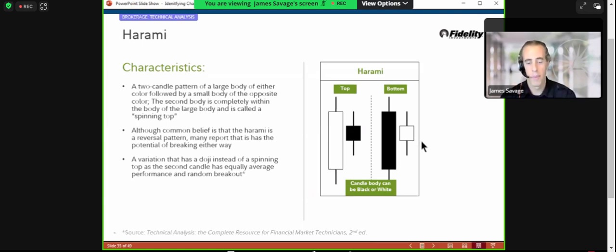Two opposing colors. So with that, we can jump back over to Active Trader Pro to take a quick look at this from our perspective. And I like sticking with SPY. Let's see if we can find a possible SPY example in recent time.